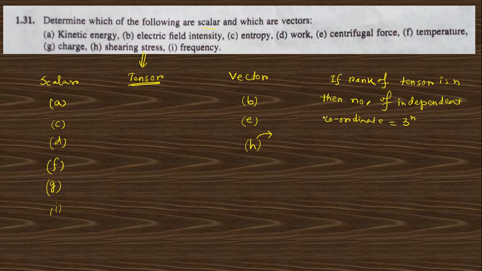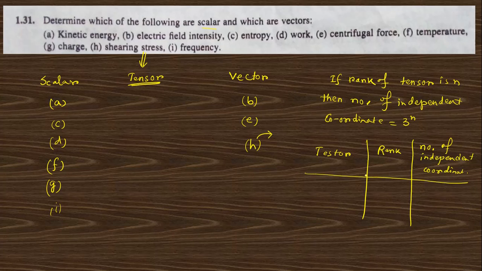Suppose for a scalar, the tensor rank is 0, and this is the number of independent coordinates.